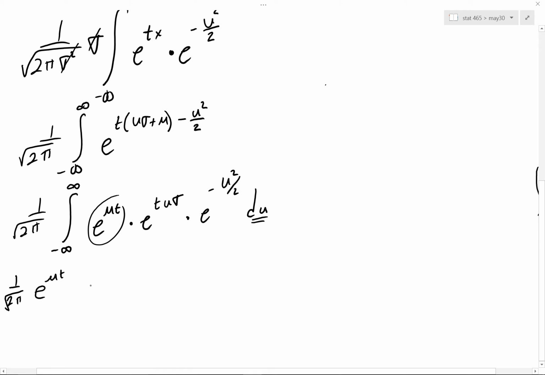Yes? Now, what do I have inside? Well, inside I've got e to the tu sigma times e to the minus u squared over 2 du.